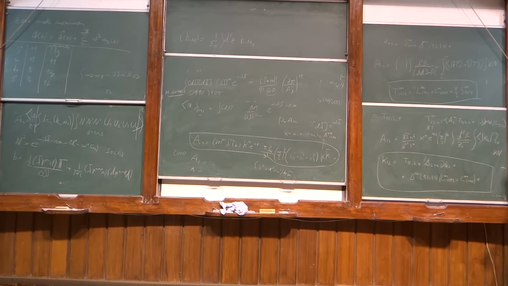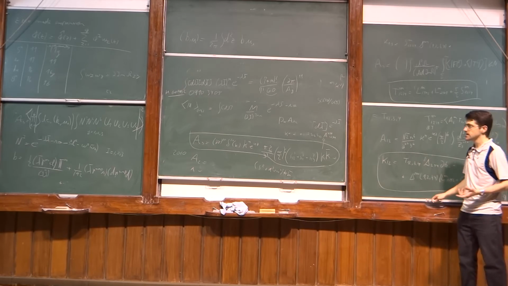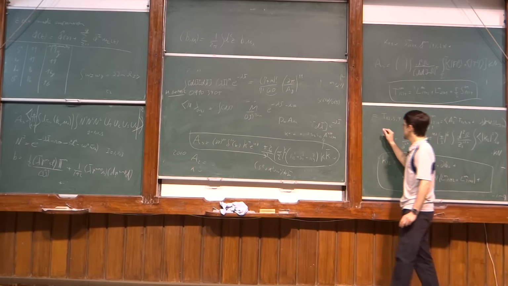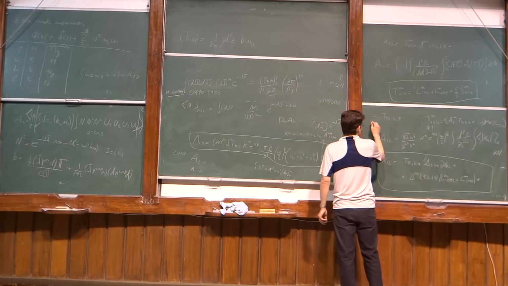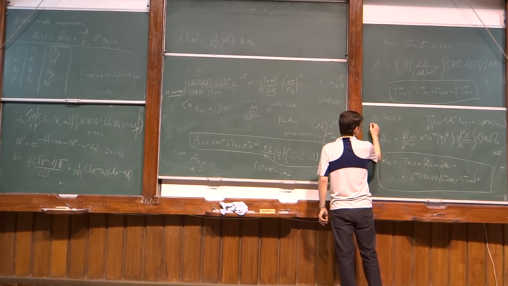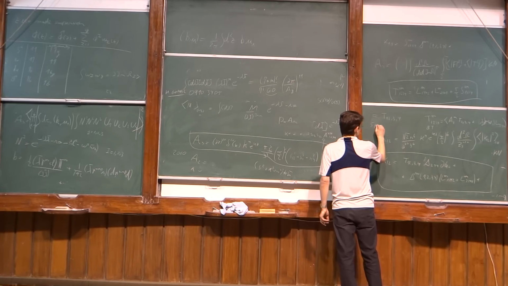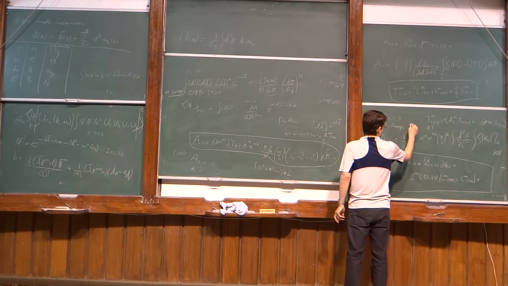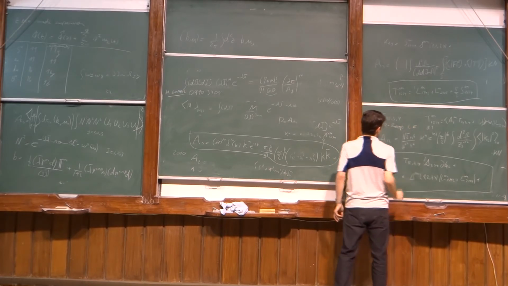And yeah, recently in April last year, together with Oliver Slaughter and Humberto Gomes, we computed the 5 point at 2 loops in the low energy limit.